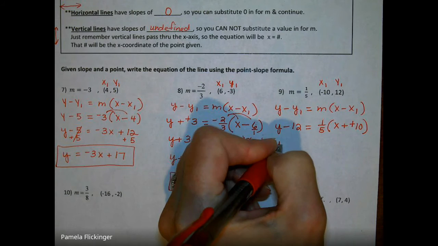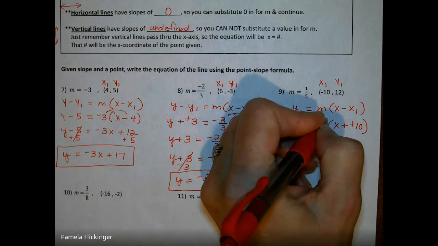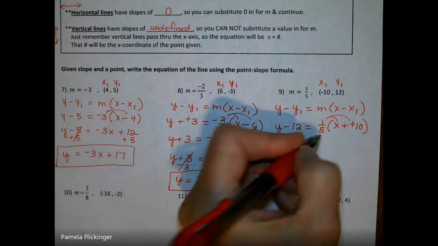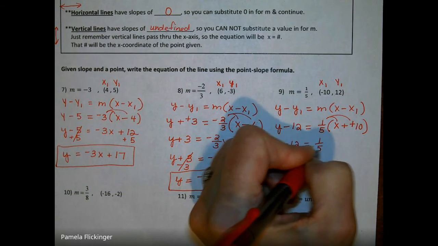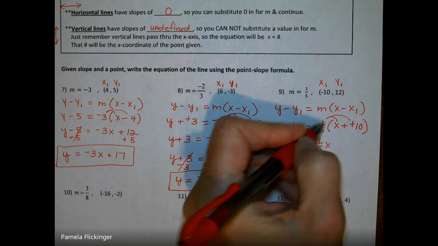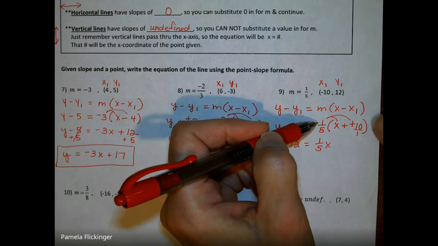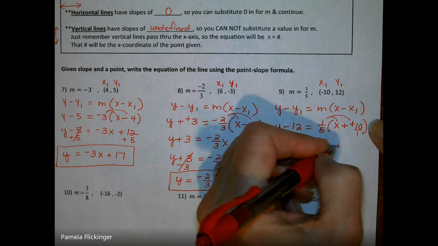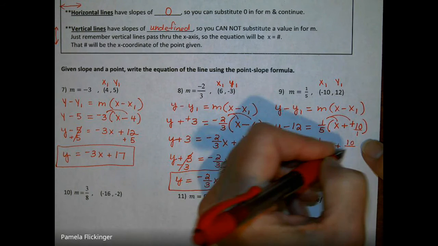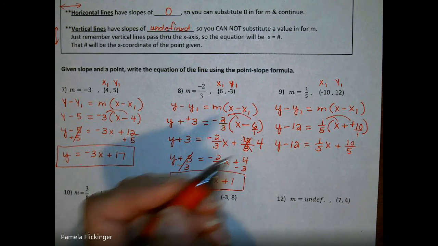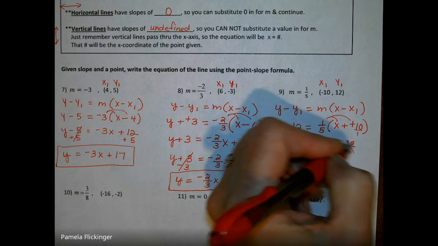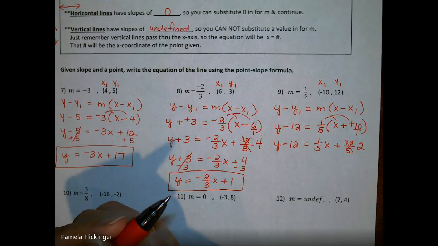So I don't need to do anything on the left, but I'm going to distribute on the right. So 1/5 times x is 1/5 x. 1/5 times 10, use your calculator or pretend that 10's over 1. So we've got 1 times 10 is 10, and then 5 times 1 is 5. And this just becomes 2. 10 over 5 is 2.